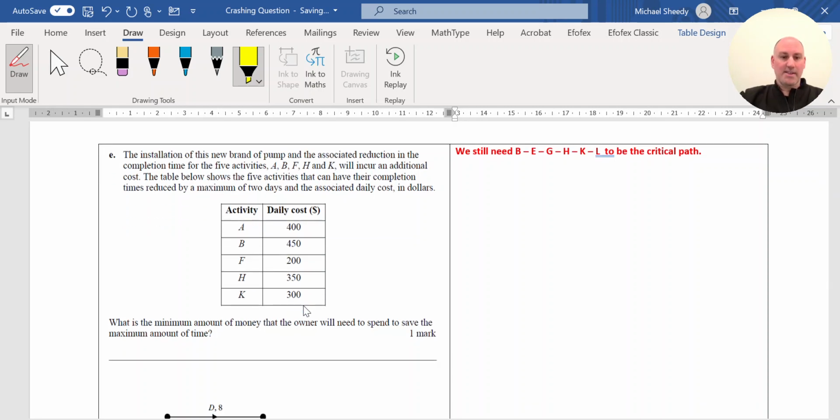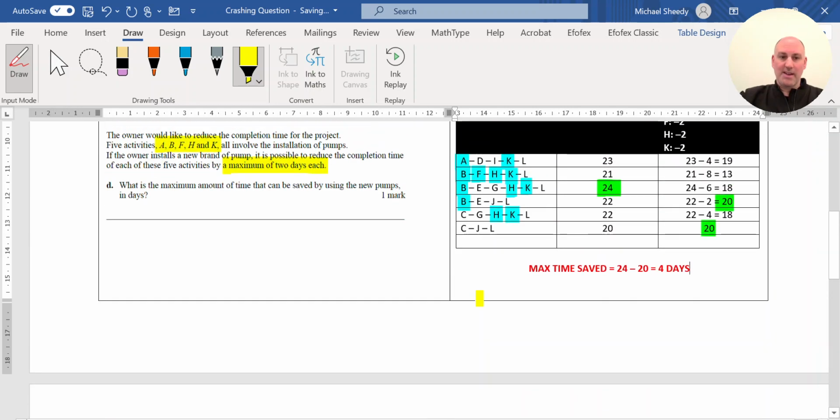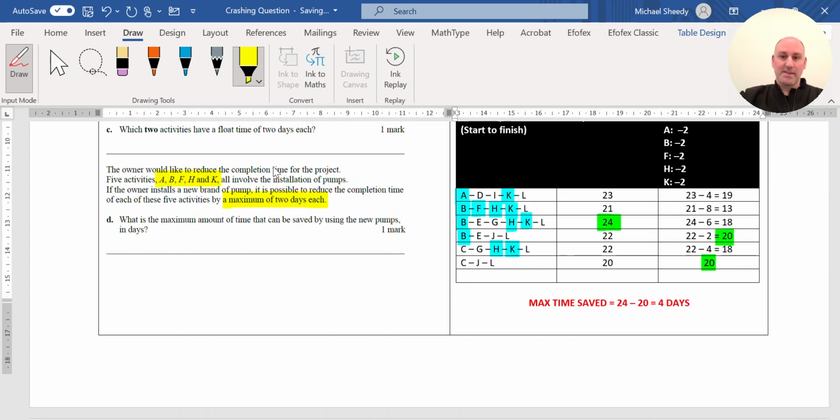The question is asking, what is the minimum amount of money that the owner will need to spend to save the maximum amount of time? The maximum amount of time we figured out here is 4 days. And basically what we're asked to do is, how could I save those 4 days?